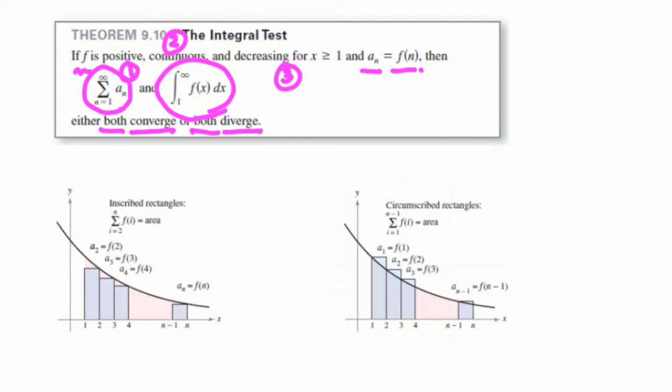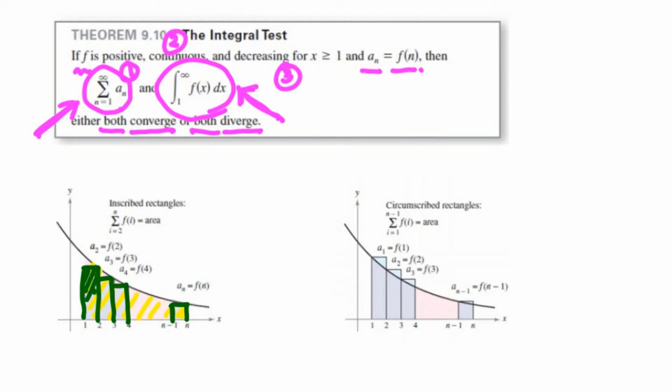So that means if the series converges, then the integral converges. If the series diverges, then the integral diverges. The reason for that is when the area under the curve converges, the sum of the Riemann sum rectangles has to converge.